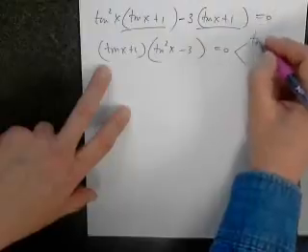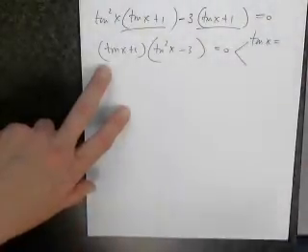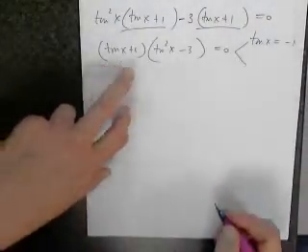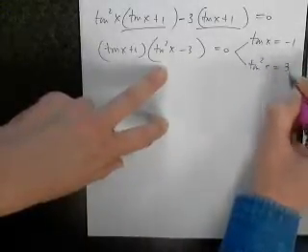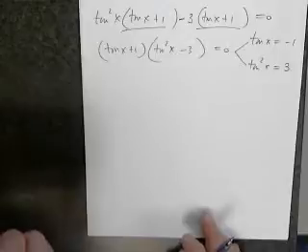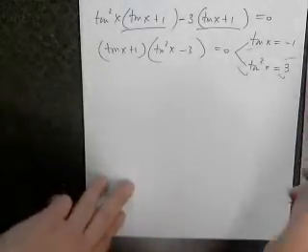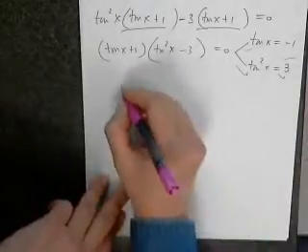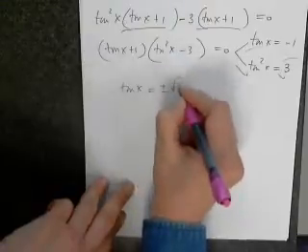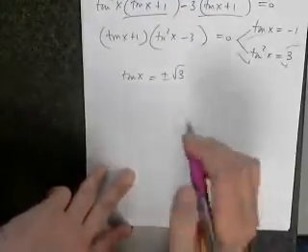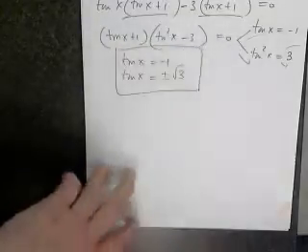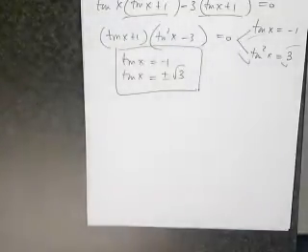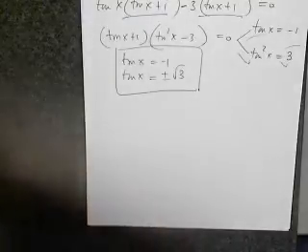Tangent x to be -1, and I see tangent squared x equals 3. That will give me 2 more solutions once I take the square root. So I have tangent x equals plus or minus the square root of 3, and I have tangent x equals -1.